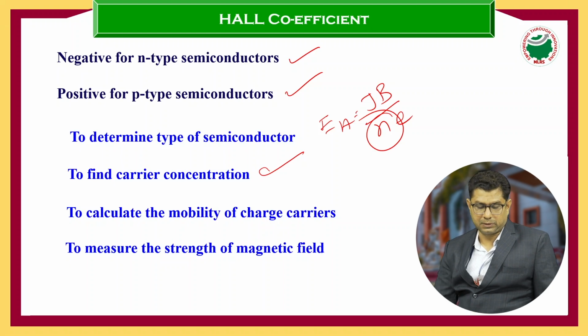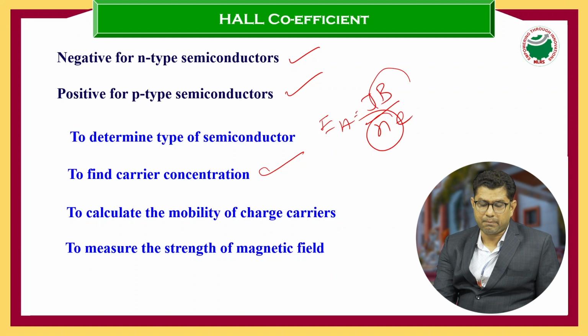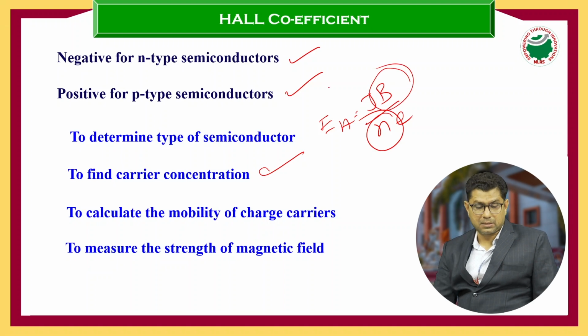The Hall effect is even used to calculate the mobility of the charge carriers, that is, depending on your applied electric field, the movement of the electrons. And we can also use it to measure the strength of the transverse magnetic field. This is about the importance of the Hall effect.